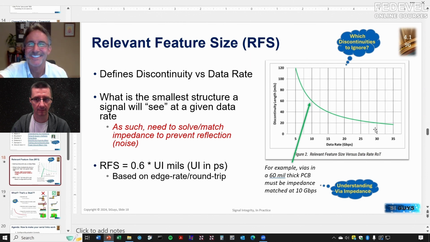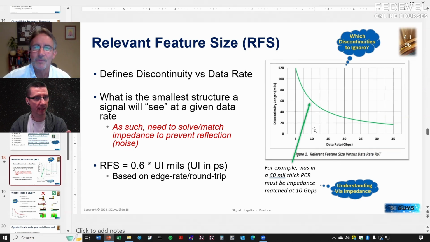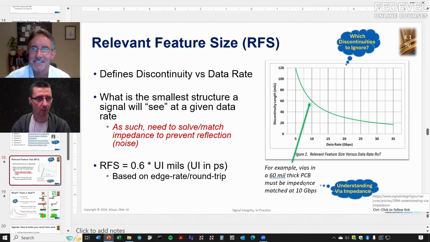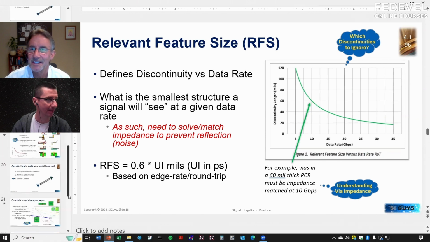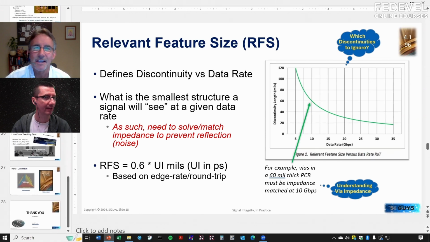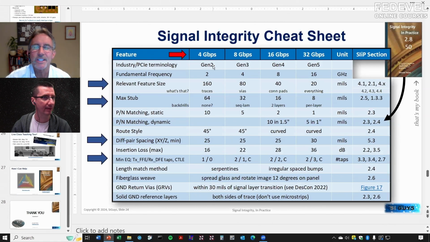And I think in the table you had PCI Express generation 3 was what? 2 was 5? Well, I'm cheating a little bit. Gen 2 is really 5, but I wanted to make this work in terms of data rate doubling. But Gen 3 is 8, right? So at Gen 3 we start thinking about vias. See, here's the relevant feature size shrinking, shrinking, shrinking.